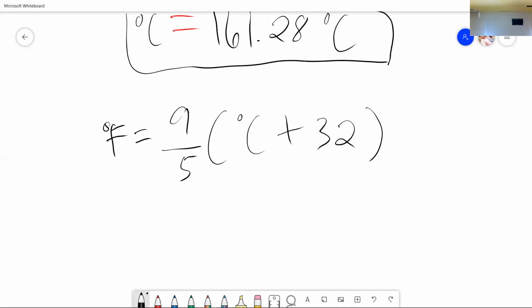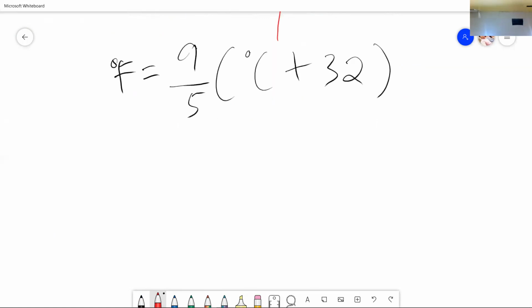Okay, since we have 161.28 degrees Celsius to convert into degree Fahrenheit, let's substitute.